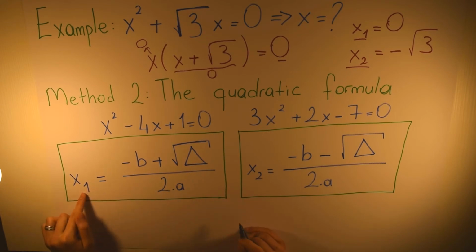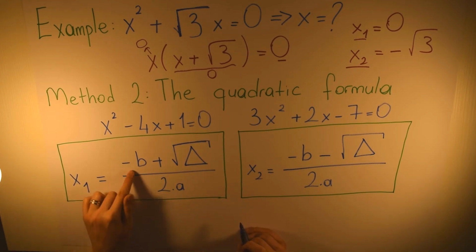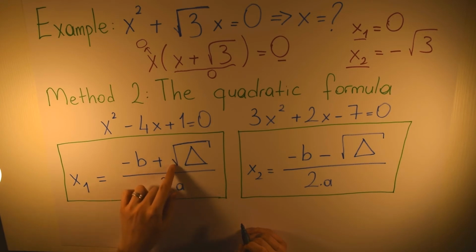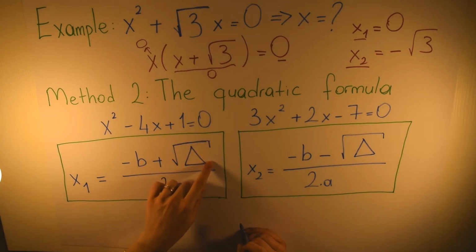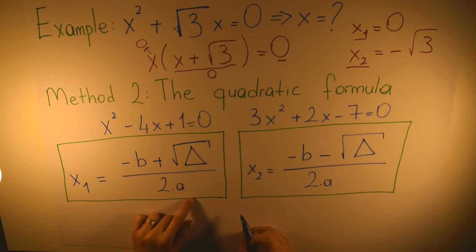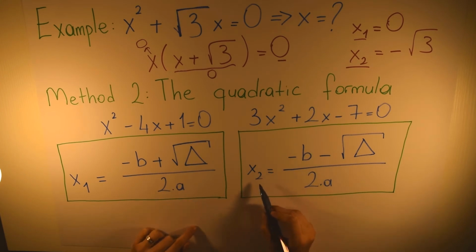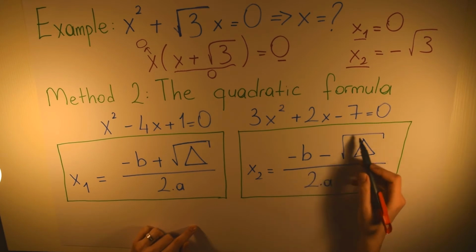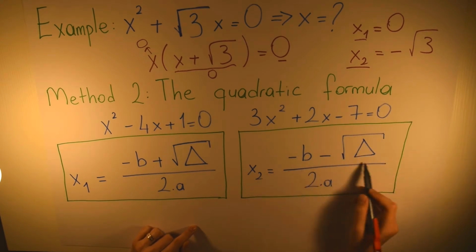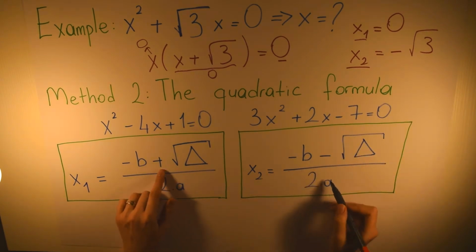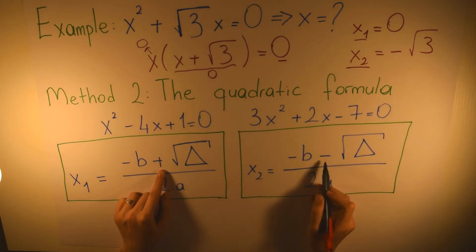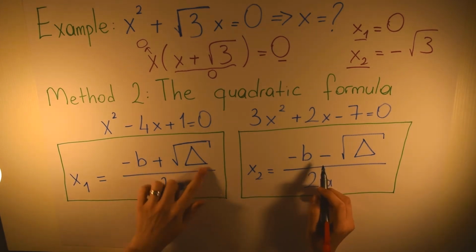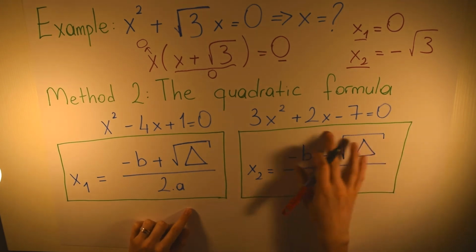For our first solution, x1 is equal to minus b plus square root of discriminant over 2a, and our second solution is equal to minus b minus square root of our discriminant over 2a. So just this sign changes, and this becomes our first solution and this becomes our second solution.